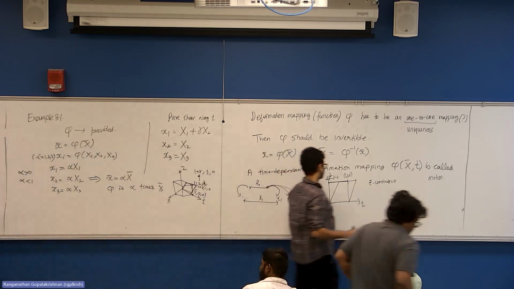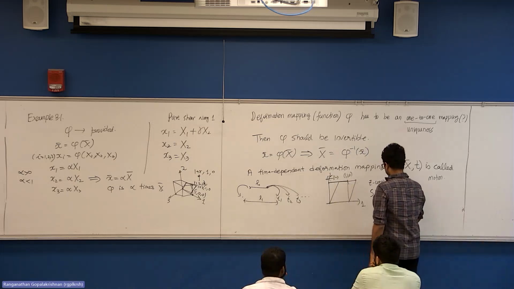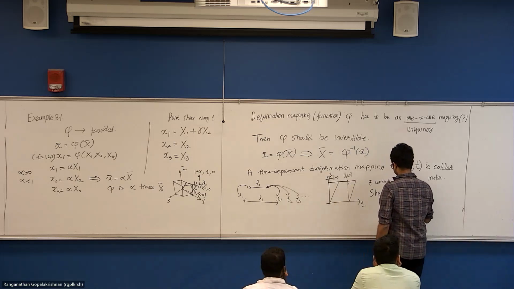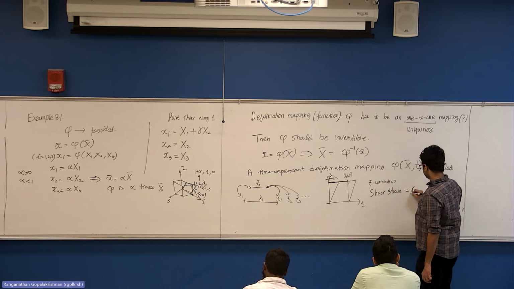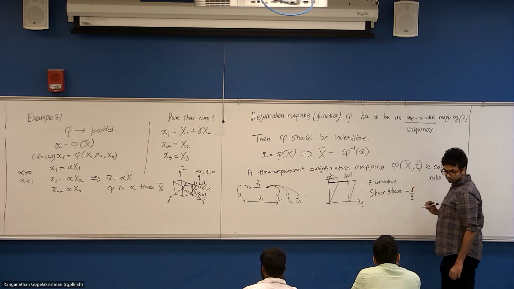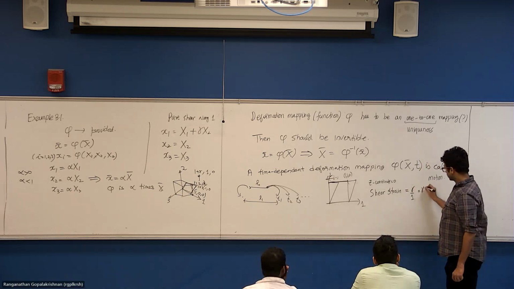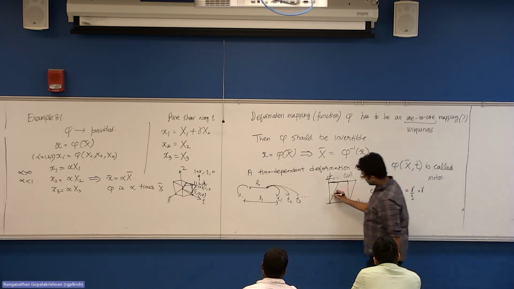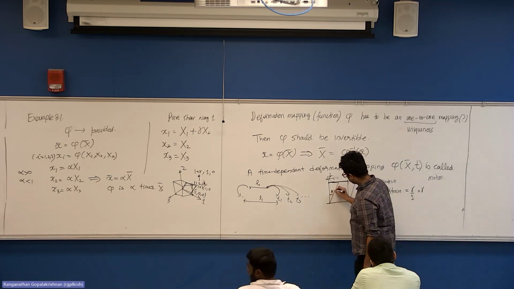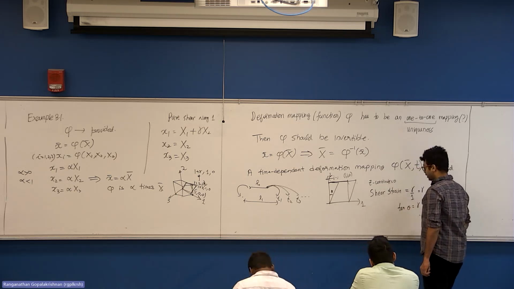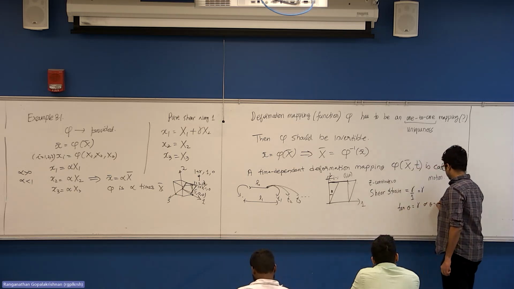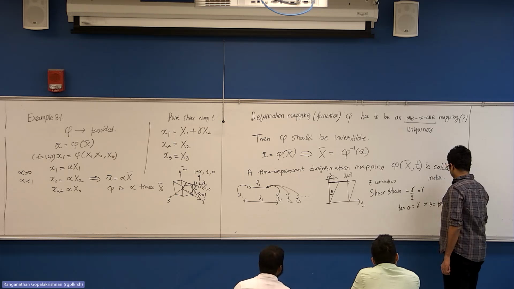And as you know, the shear strain will be quantified as gamma. This is the change in length divided by original length: gamma divided by 1, or just gamma. And this angle, you call this theta, tan theta is equal to gamma, or theta equals tangent inverse of gamma.